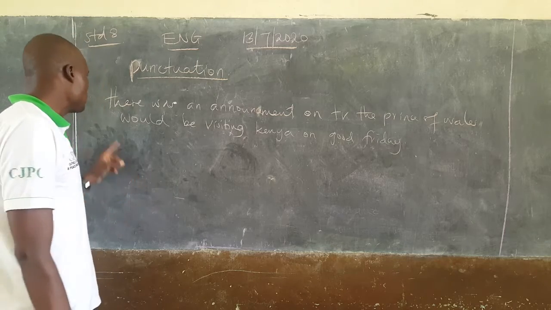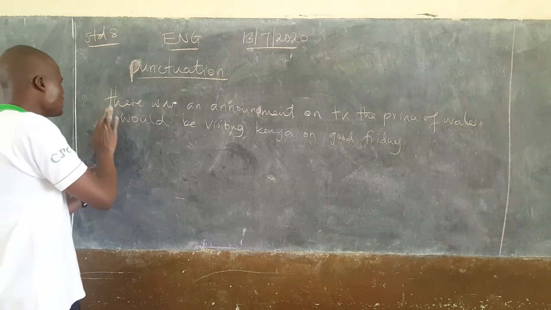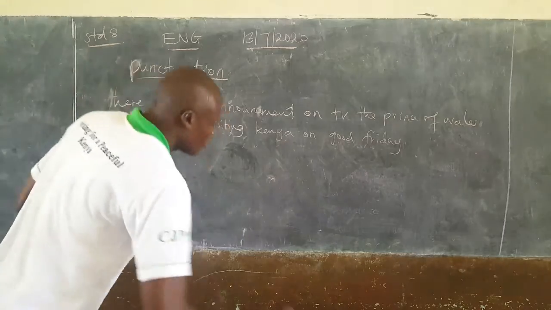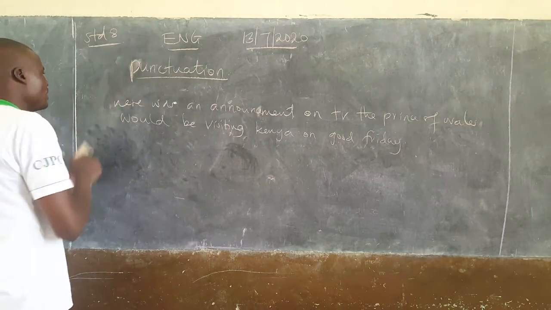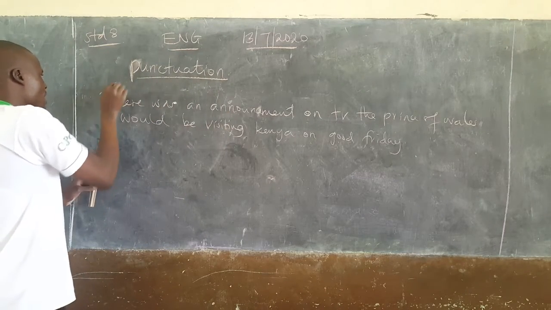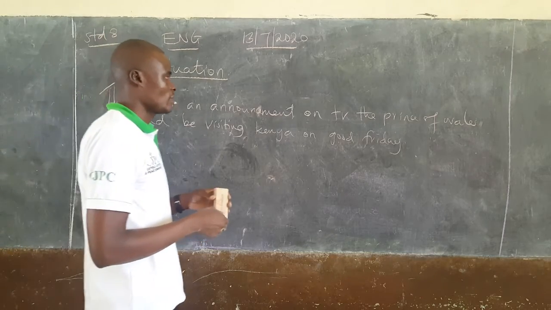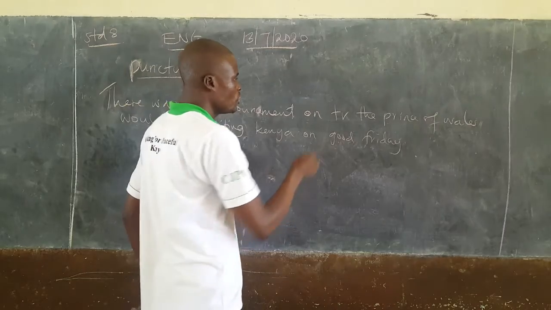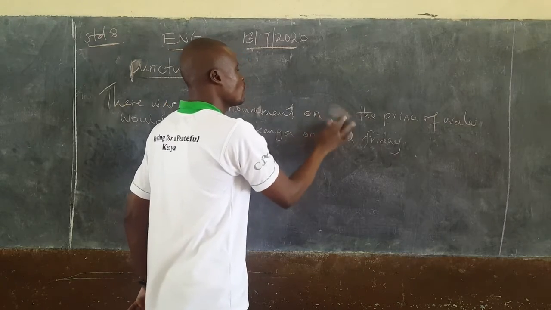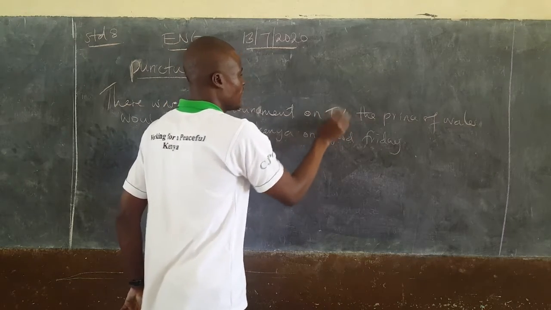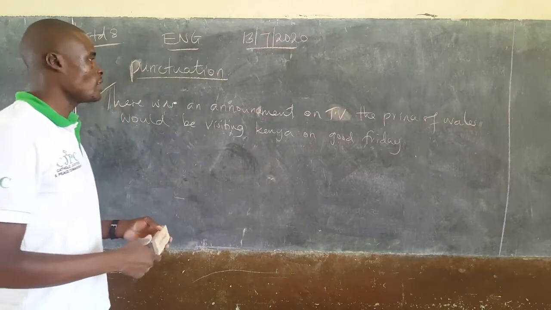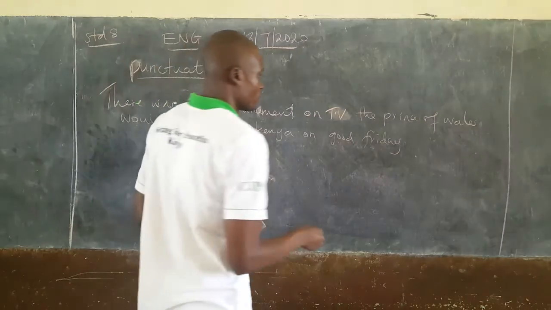Number one, learner, all sentences must begin with a capital letter. So we begin there: There was an announcement. Up there is okay. On TV, because TV is an abbreviation of television, it must be capitalized.